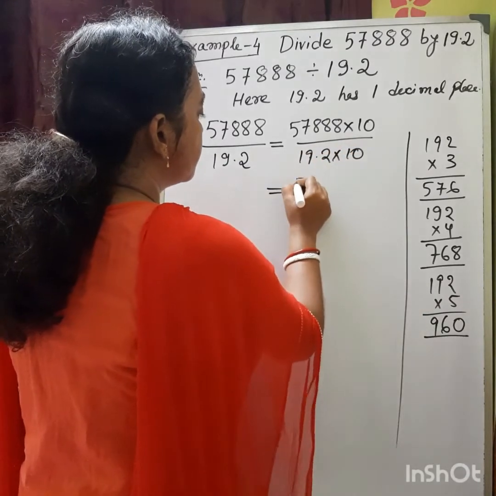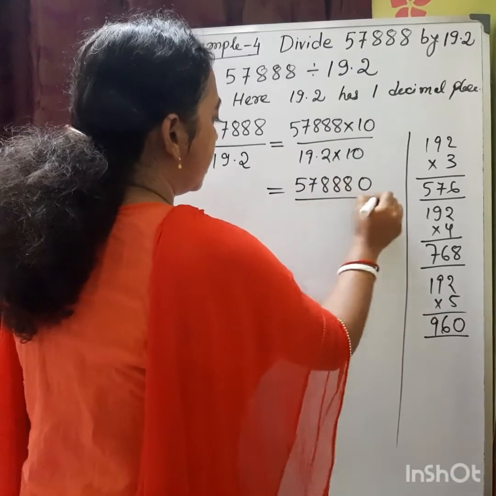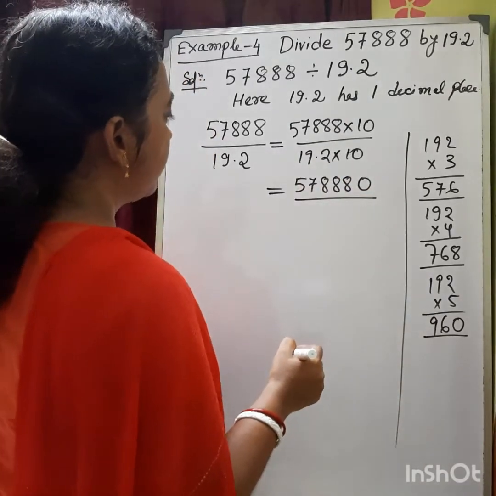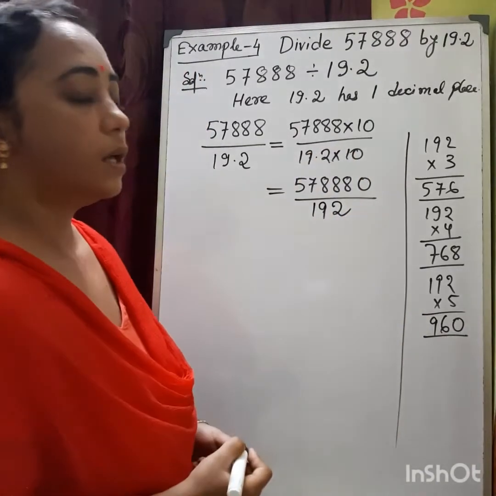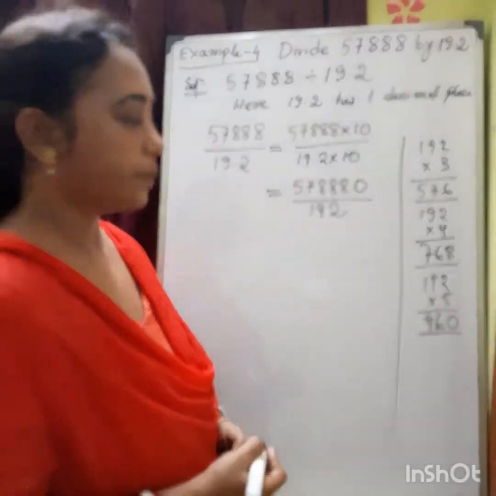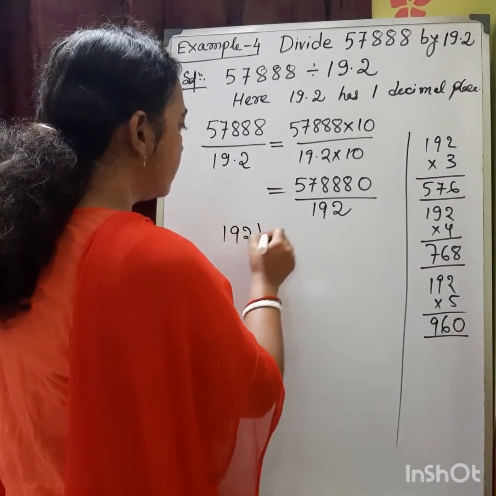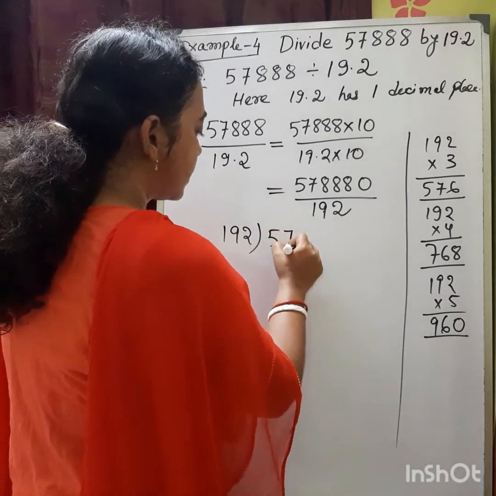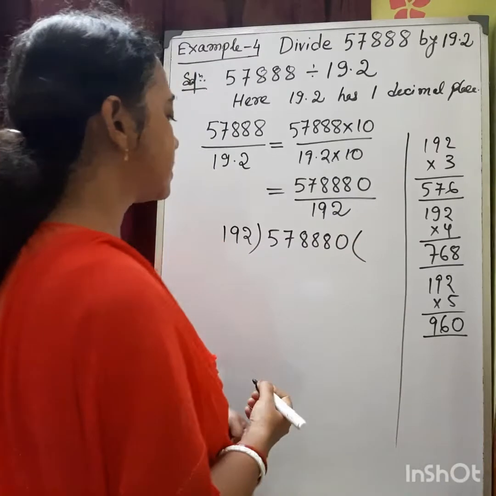So this becomes 578,880, and in the divisor we get 192. So both become whole numbers now. We know how to divide a whole number by another whole number. So 192 is the divisor here and 578,880 is the dividend.